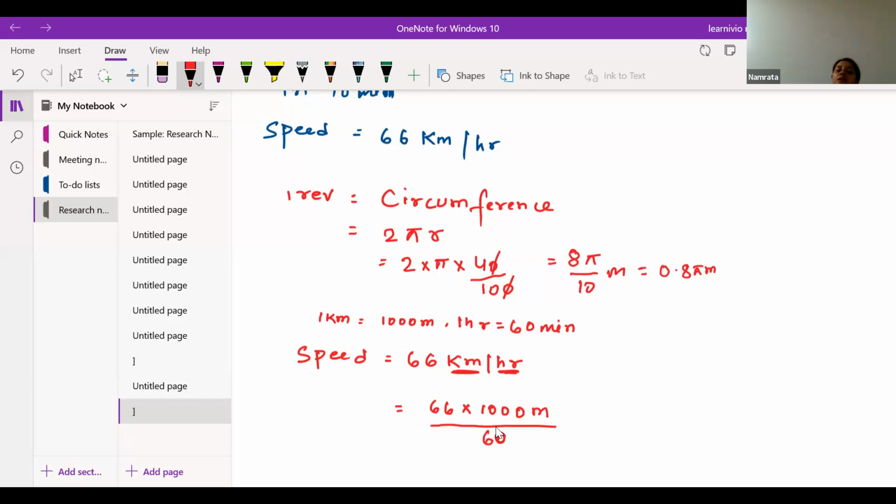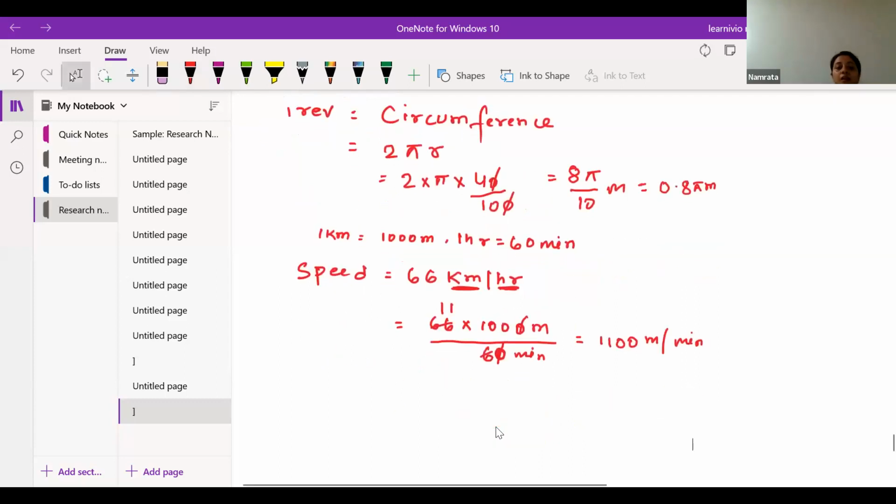So that hour I am converting it in minute. Is it okay to both of you? Let's cancel it out. 0 with 0, 6 with 66. That is 11. So we got 110 per minute.